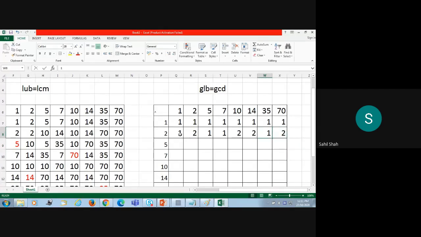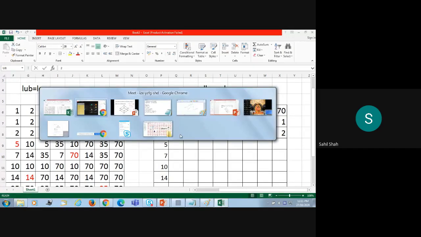I think I'm going wrong somewhere. Okay, so correct me if I'm going wrong. What will be there for 2 and 10? What are the divisors of 2? 2 and 1. What are the divisors of 10? 10, 5, 2, 1. Out of these, which one is common? 2 is common, so I have taken that. You can correct me if anything is wrong.